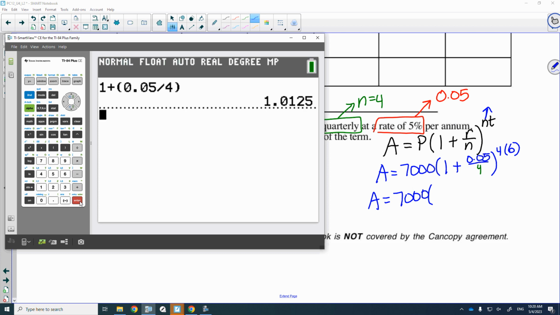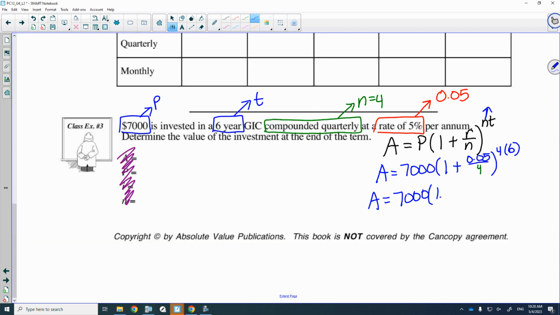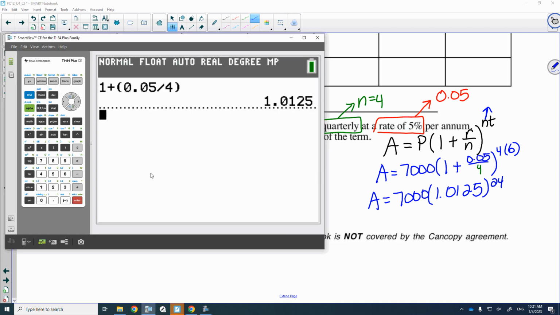So it should be 1.0125. And then there's 24 different times that they would be paying us. So 7,000 times our B value to the power of 24.